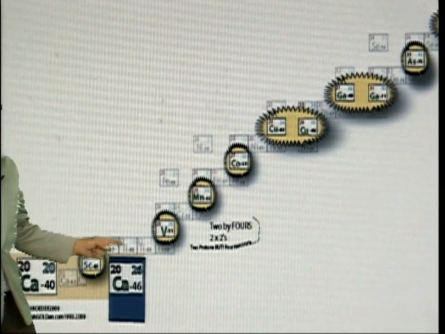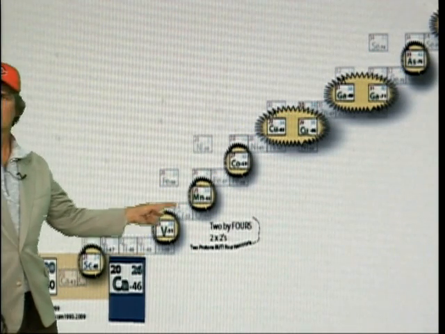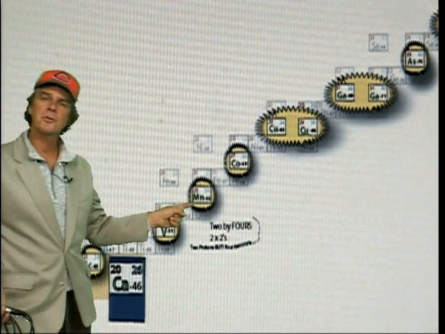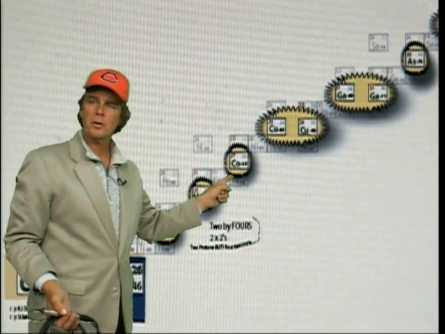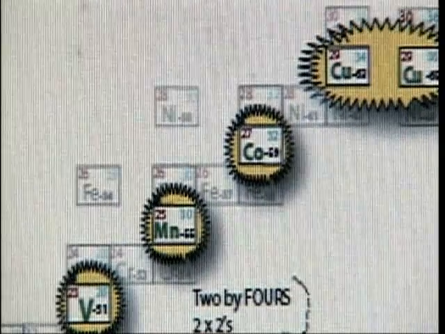Between the calcium's doubly magic numbers, you got vanadium, 100% isotope, an alpha particle up, 100% isotope, alpha particle up, 100% isotope. These are trends that aren't shown in the table. And this is why I'm coming up with new ways of doing this. So let's zoom in a little bit and see what these exactly are. Zoom in a little more here.